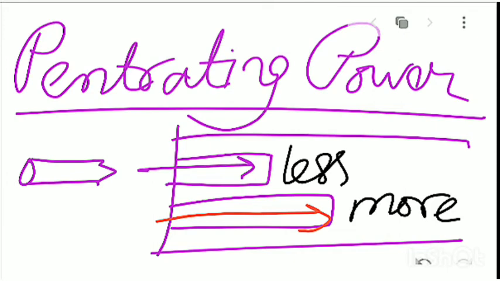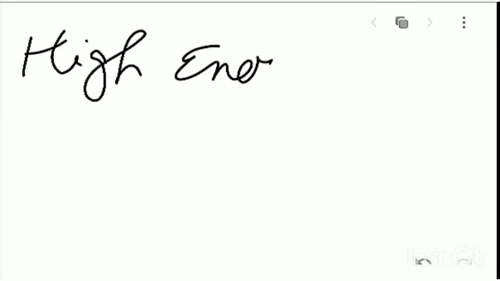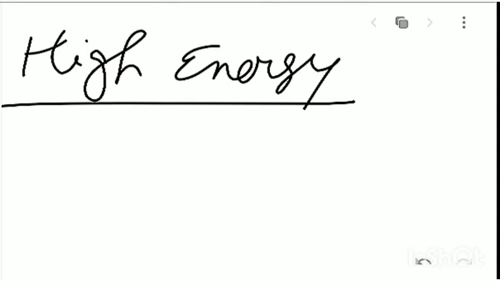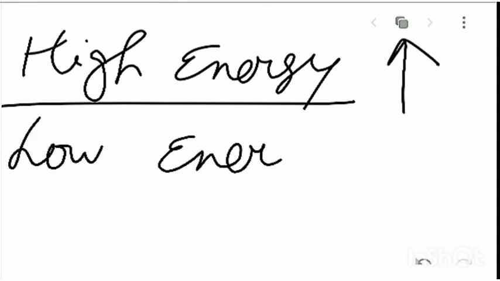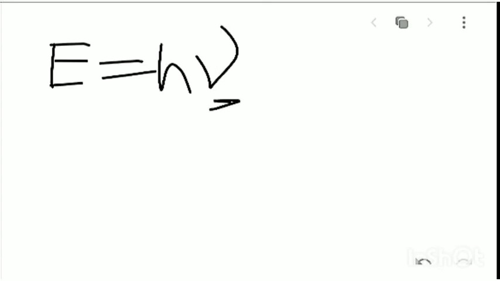The penetrating power of the X-rays actually depends on the energy of the X-ray. If I am able to produce high energy X-rays, then their penetrating power will be more. But if the X-rays are of low energy, then their penetrating power will be less. Now we all know that X-rays are also electromagnetic waves like light, so their energy depends on the frequency.